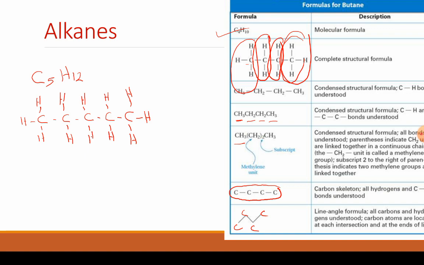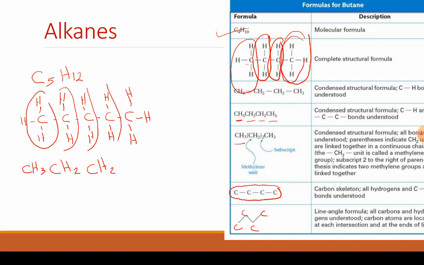Can we write the condensed structure? Yes. The first part is CH3. The second is CH2. The third is CH2. The fourth is CH2. The last part is CH3.